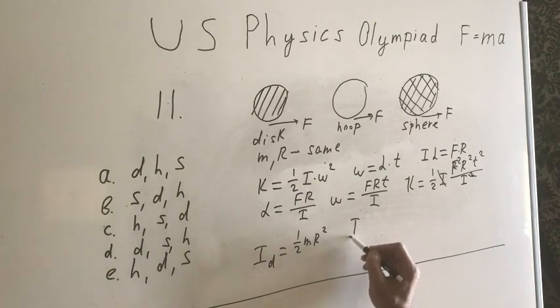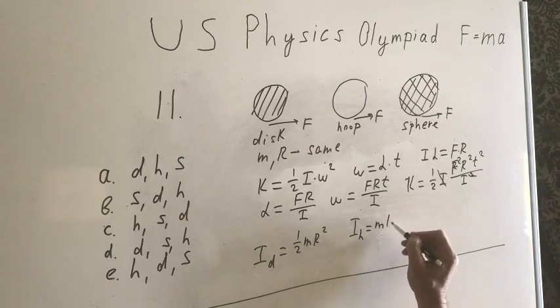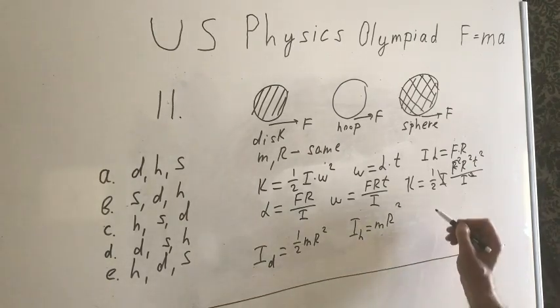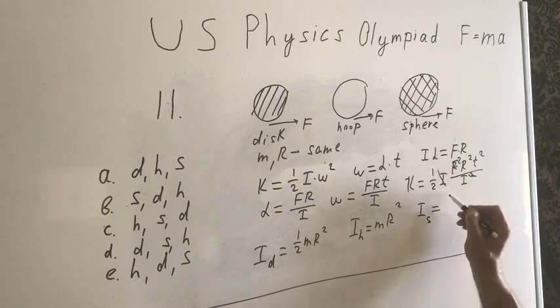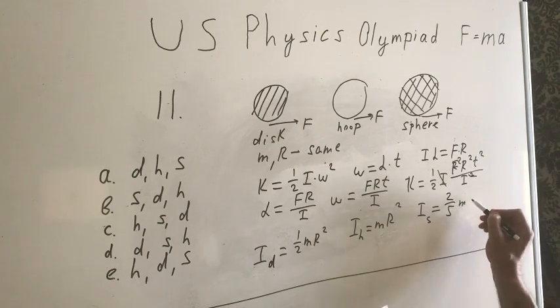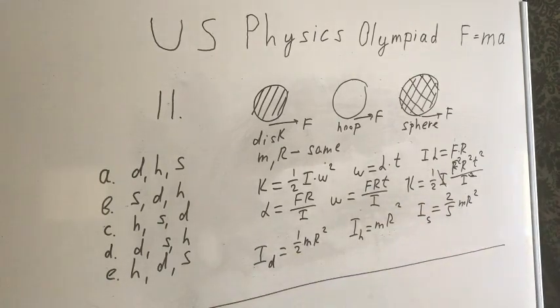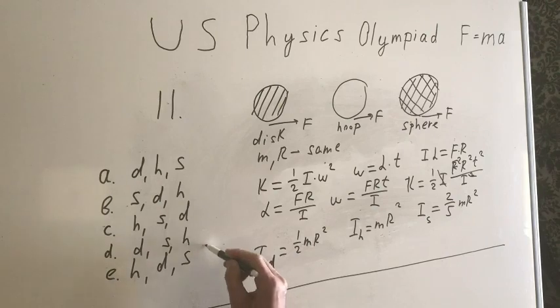For the hoop that's m r square, and for the sphere we have I sphere equal 2/5 m r square. So the least I is for the sphere, the greatest I is for the hoop, and the disk is in the middle. So it means that for the hoop we have the least, for the disk that's the next one, and for the sphere we have the greatest kinetic energy. So that's the correct answer.